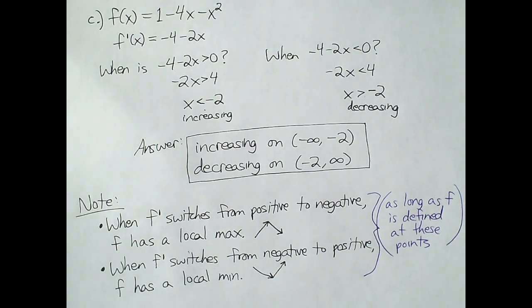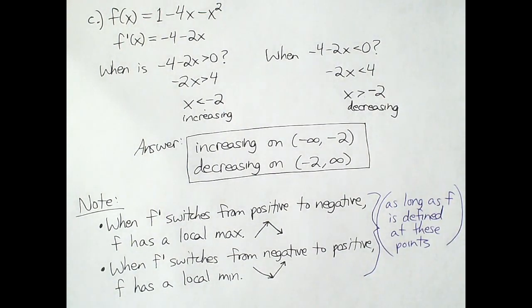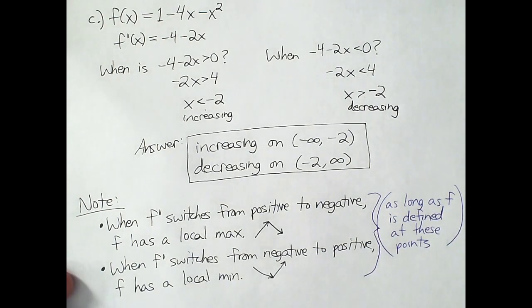If it's not in the domain, we can't say that f attains a local maximum at a certain value if the function doesn't even exist at that value, right? So as long as it's defined, then these statements work.